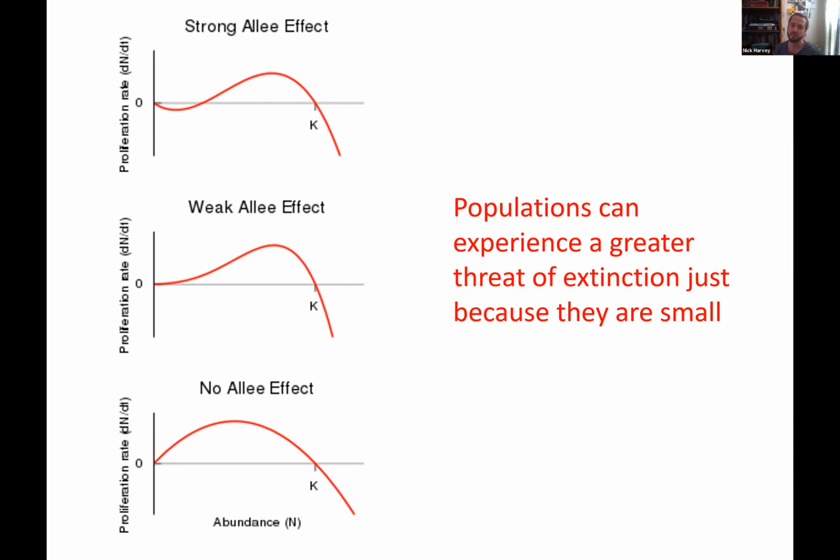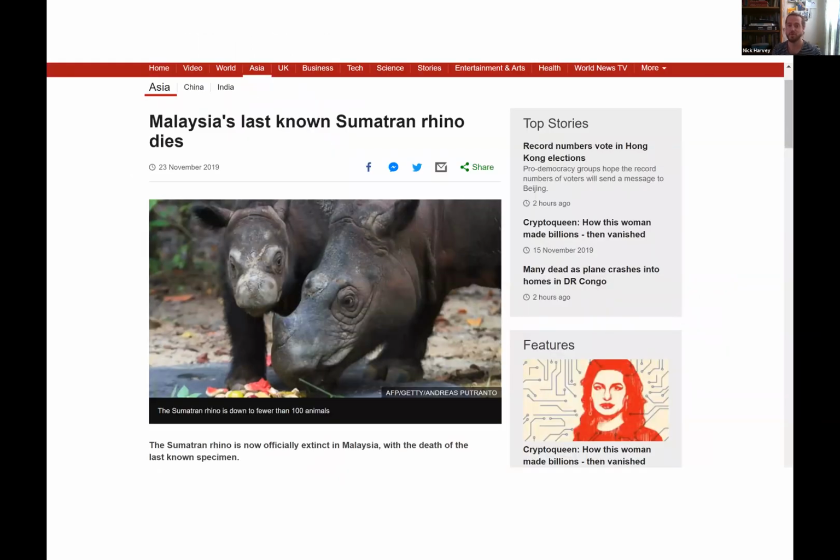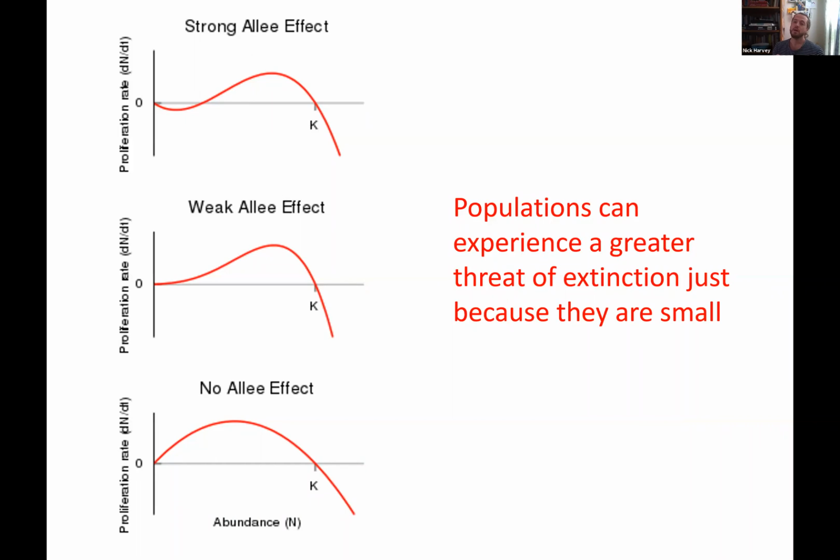However, Allee effects are things that happen when a population is at a small population size. It starts to either decrease the population growth rate with a weak Allee effect, or even make it negative with a strong Allee effect. So say our population generally exists at quite a low density, which we'll talk about with the Sumatran rhino on the next slide.